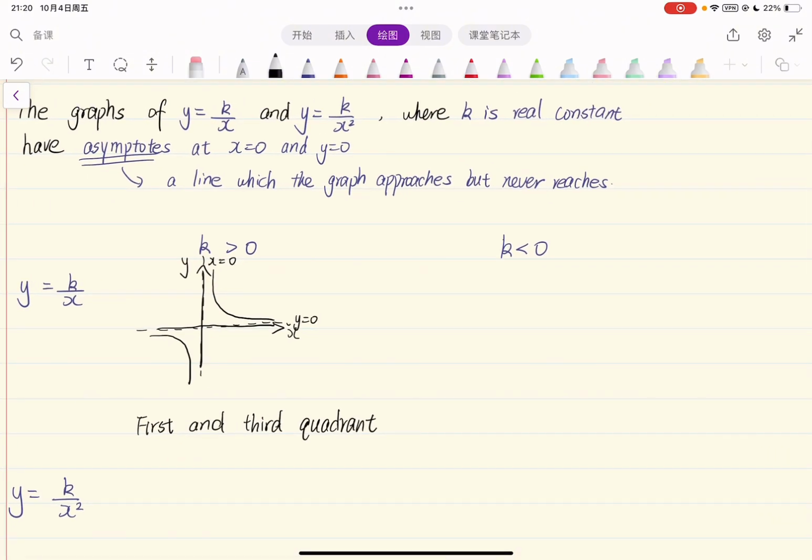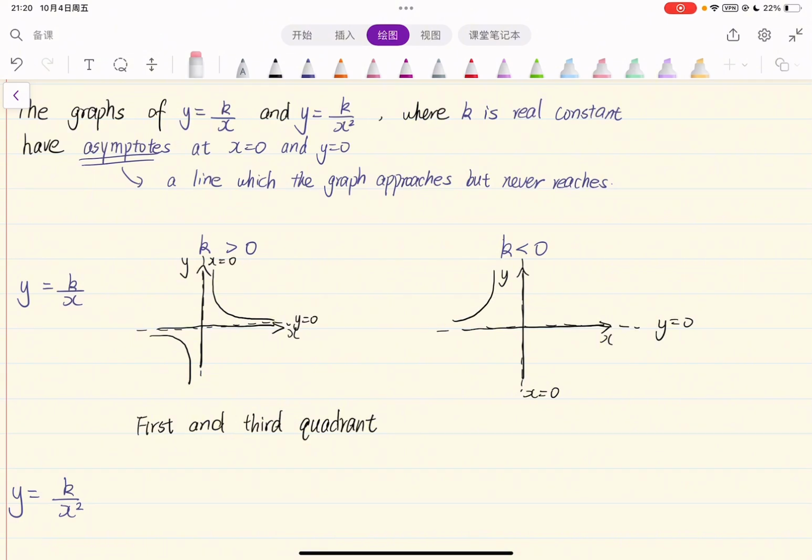If k is less than 0, here is x, here is y, the asymptote y equals 0 and the asymptote x equals 0.